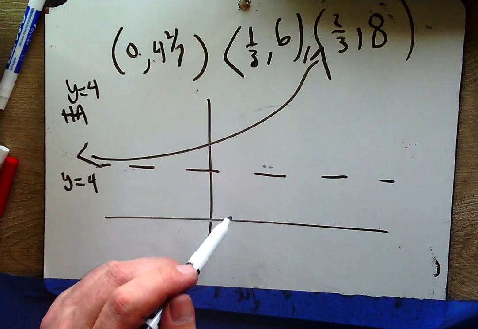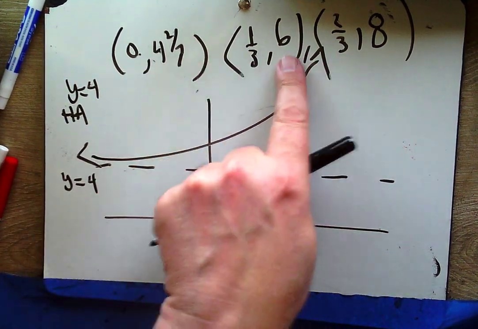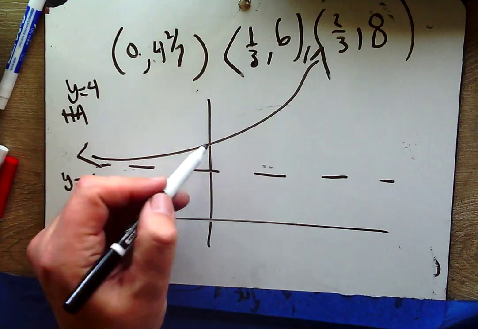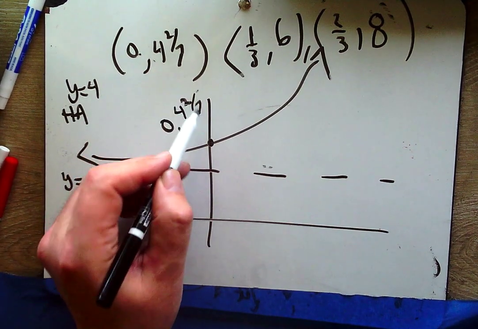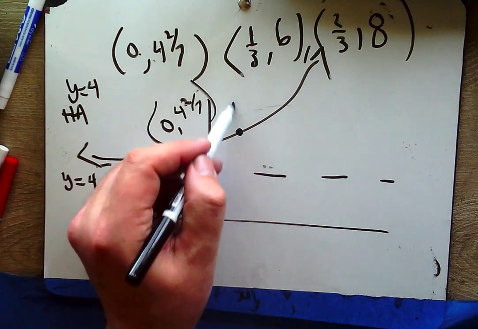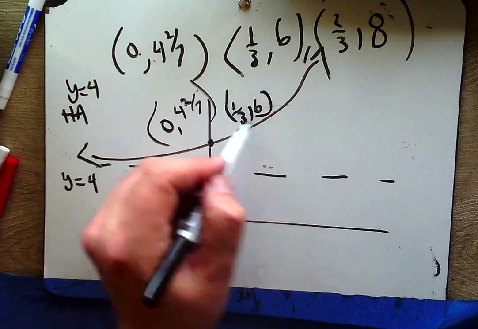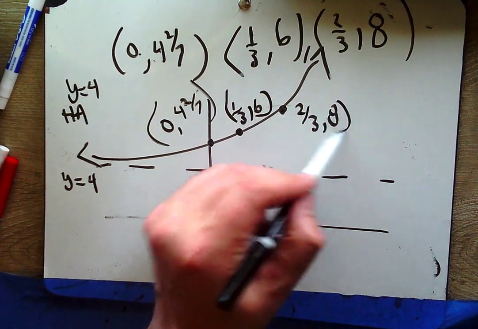We have exponential growth here. As we get bigger and bigger x's, the y values get bigger and bigger. Here we have 0, 4 and 2 sevenths. Here we have 1/3, 6. And here we have 2/3, 8.